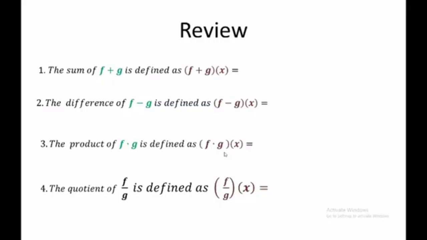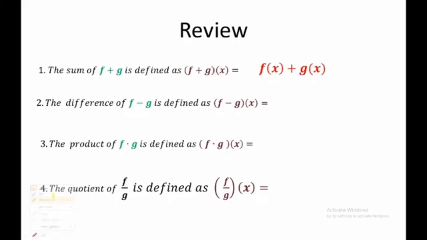Now before we end our lesson, let us first review our functions. How are we going to do the operations on functions? Number 1, the sum of the two functions f and g. If we have f plus g of x, that is equivalent to f of x plus g of x.